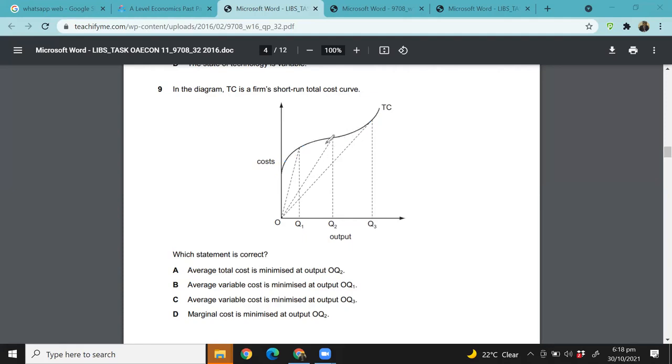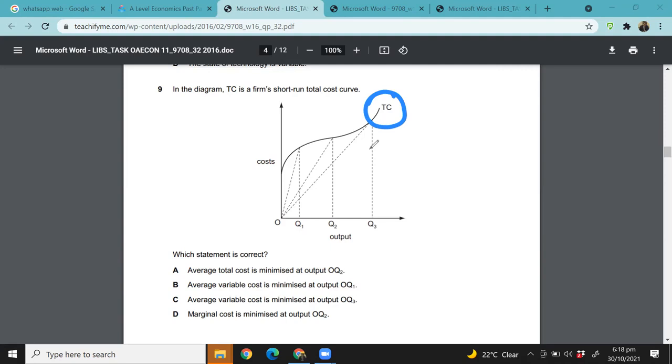Where this part is flatter, that is where the gradient would be low, and the gradient is important because that is showing you the marginal cost. So all you have to do, forget about everything else, is see where the steepness is less.